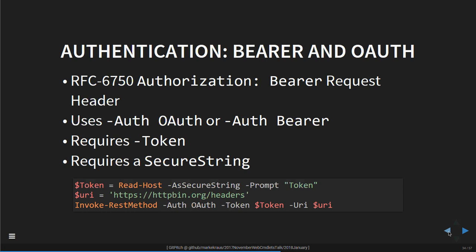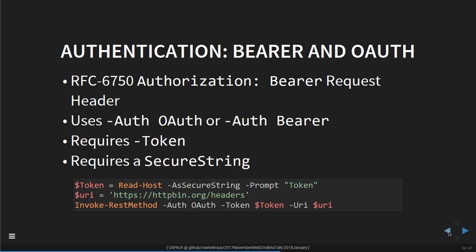They use the Auth parameter, with either Bearer or OAuth, and then it requires a Token parameter, and that Token parameter is a secure string. Down at the bottom there's a demo where you do a Read-Host for a secure string to have it prompt for the token, and then go to the URL with -Auth OAuth -Token and the Uri.